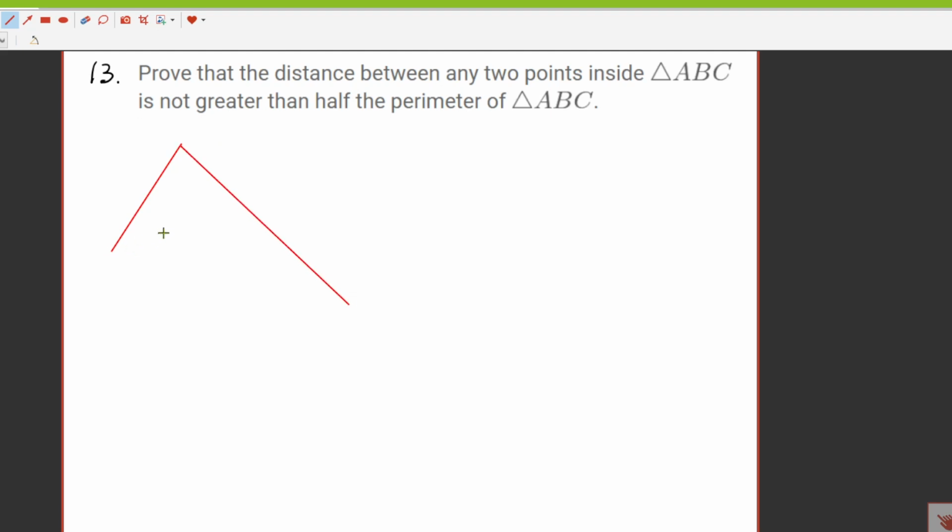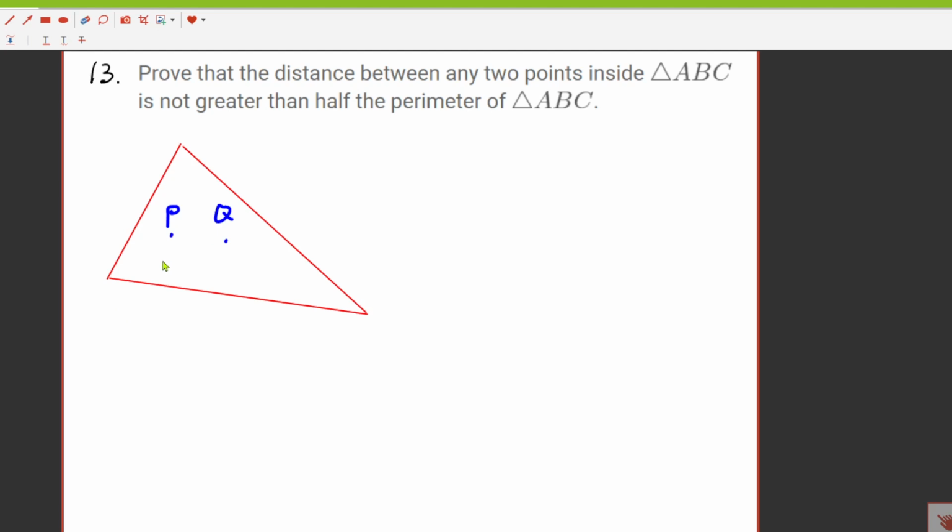It could be any triangle, right? Let's suppose this is our triangle ABC. And we have some arbitrary points P and Q inside triangle ABC.